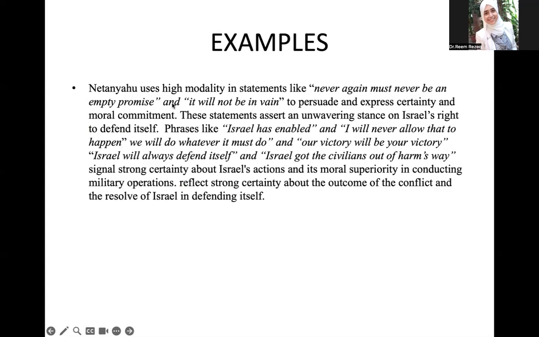So here we also have many examples, for instance, nowadays we analyze Netanyahu's speeches. For example, here he uses high modality when he says, never again must never be an empty promise, and it will not be in vain, to persuade and express certainty and moral commitment.